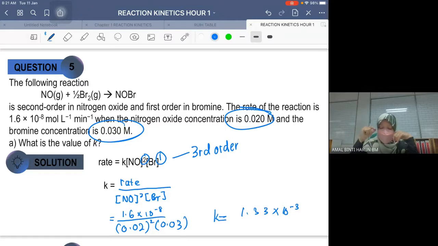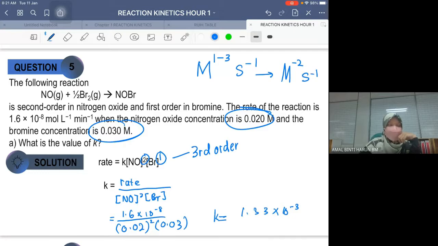Now we have third order. It is molar per second, but with M to the power 1 minus total order. Our total order is 3, so it becomes M negative 2 per second.